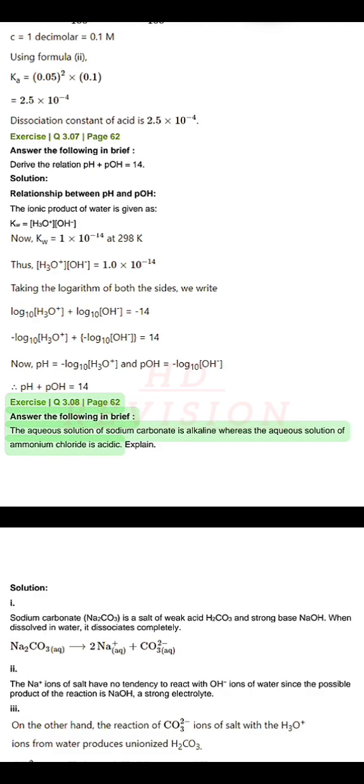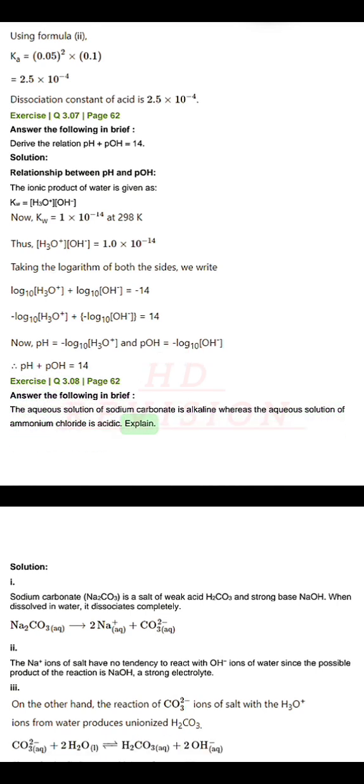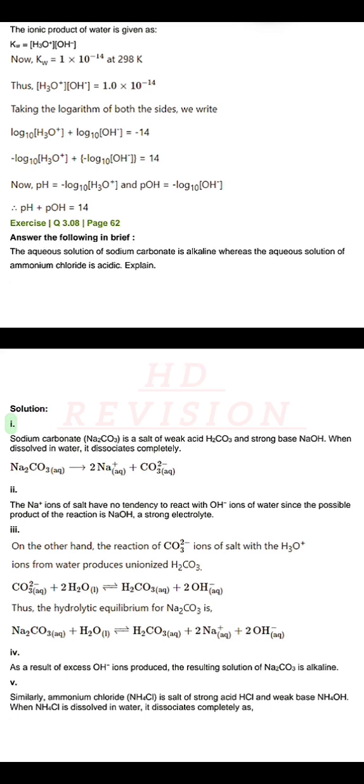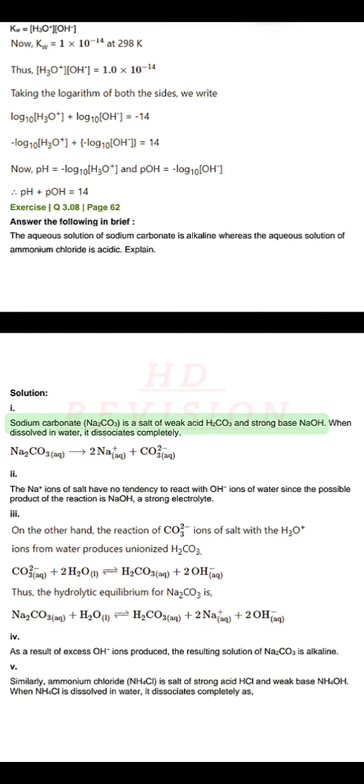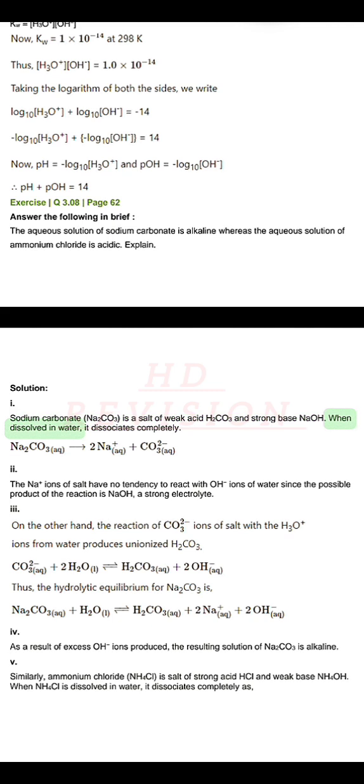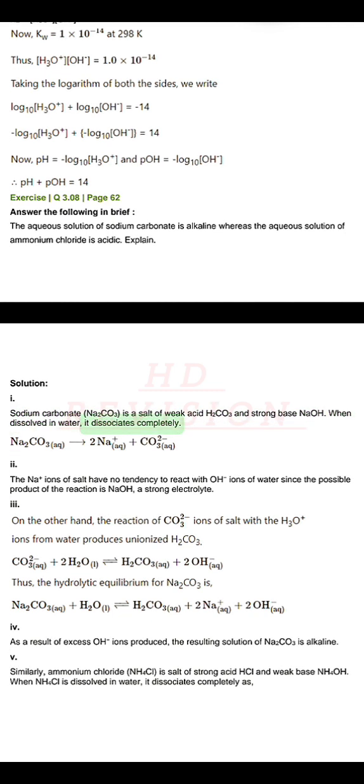Exercise Q3.08, page 62. Answer the following in brief. The aqueous solution of sodium carbonate is alkaline whereas the aqueous solution of ammonium chloride is acidic. Explain. Solution. Sodium carbonate, Na2CO3, is a salt of weak acid H2CO3 and strong base NaOH. When dissolved in water, it dissociates completely.